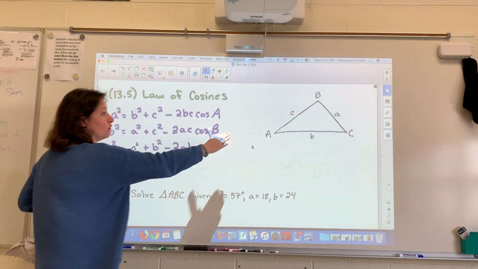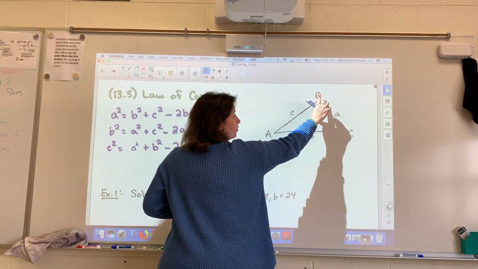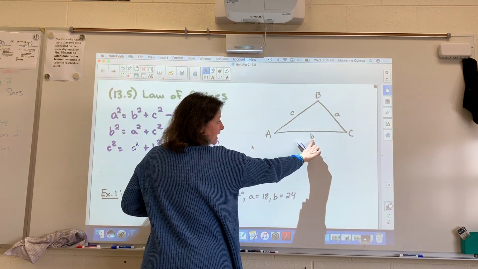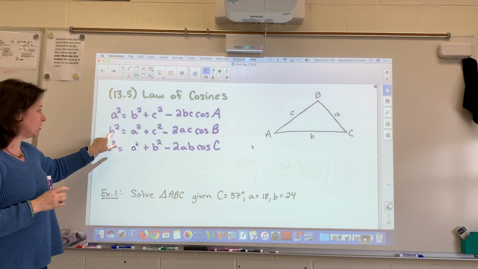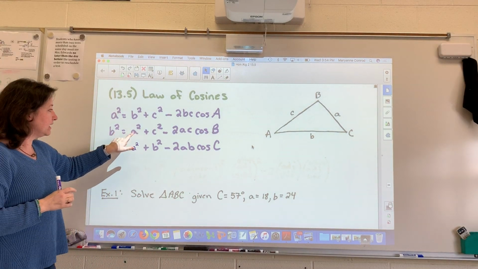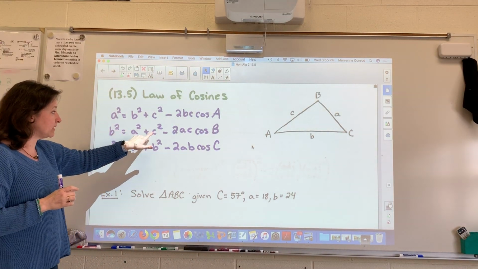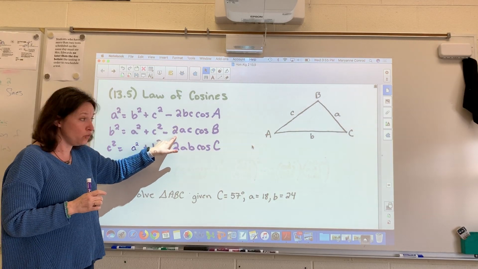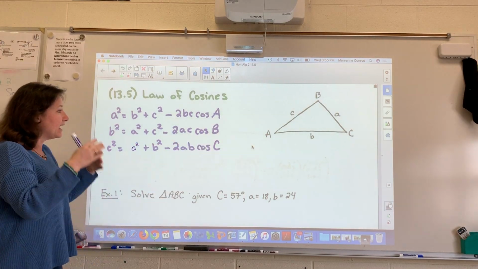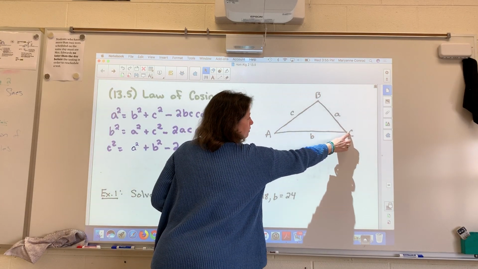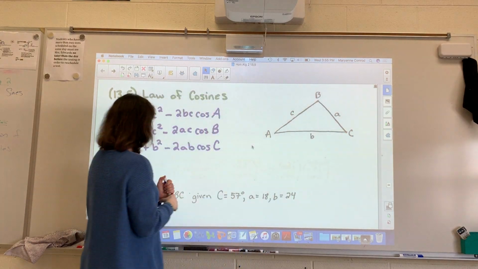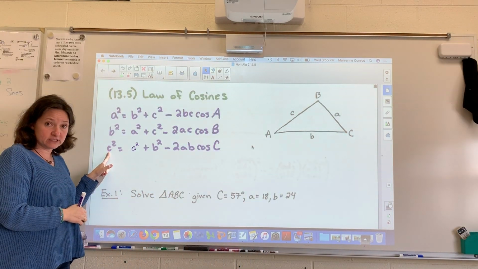Let's say instead of angle A, we're working with angle B. Then the side opposite is little b, so b squared equals a squared plus c squared minus 2ac cosine of angle B. Same thing if we've got angle C: the side opposite is little c, so the whole formula will equal little c squared.